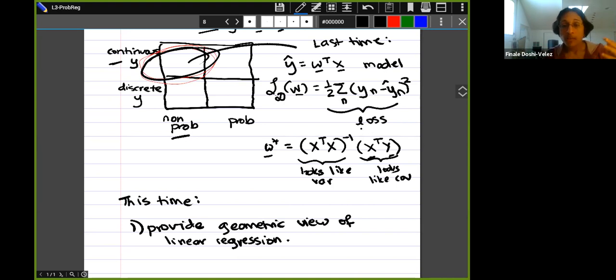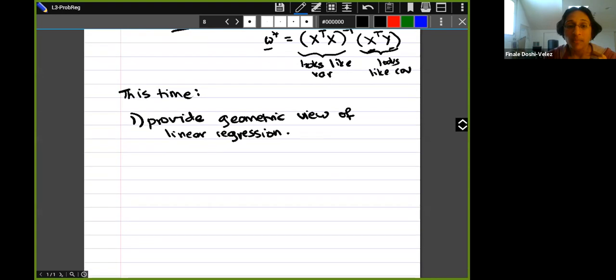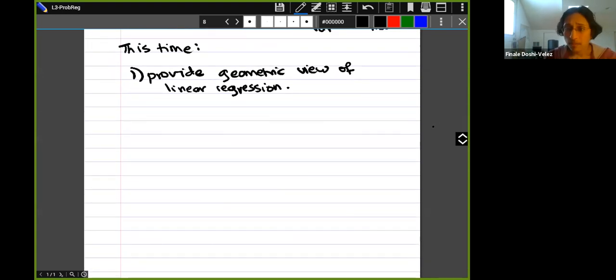So today we're basically going to get 3 views on the same question. The first view, you already have, that's the squared loss. We're just going to say squared loss, the thing we want to optimize. And now we're going to get 2 more views. The first is this geometric view of linear regression.